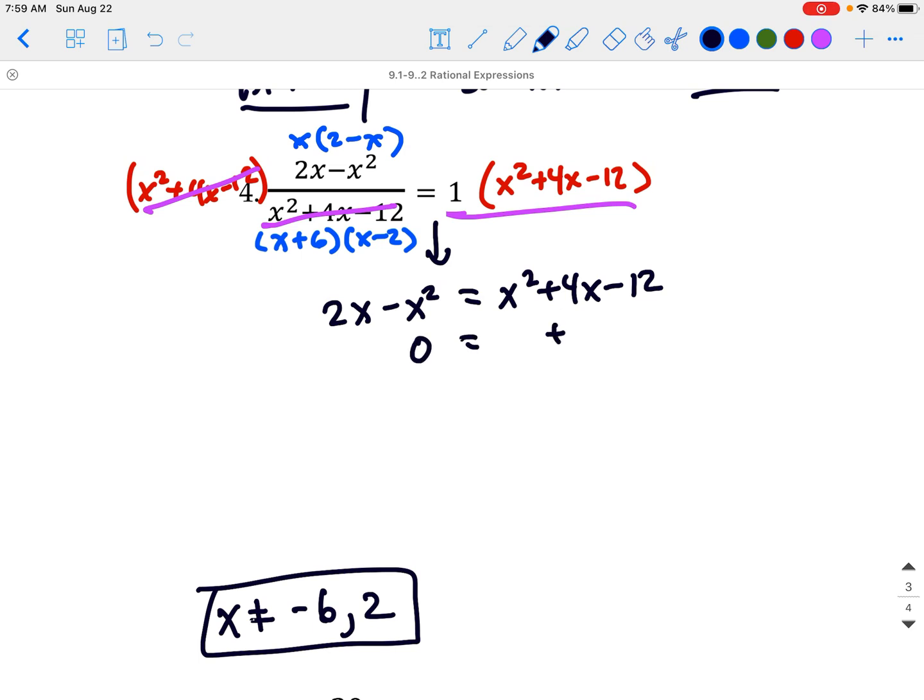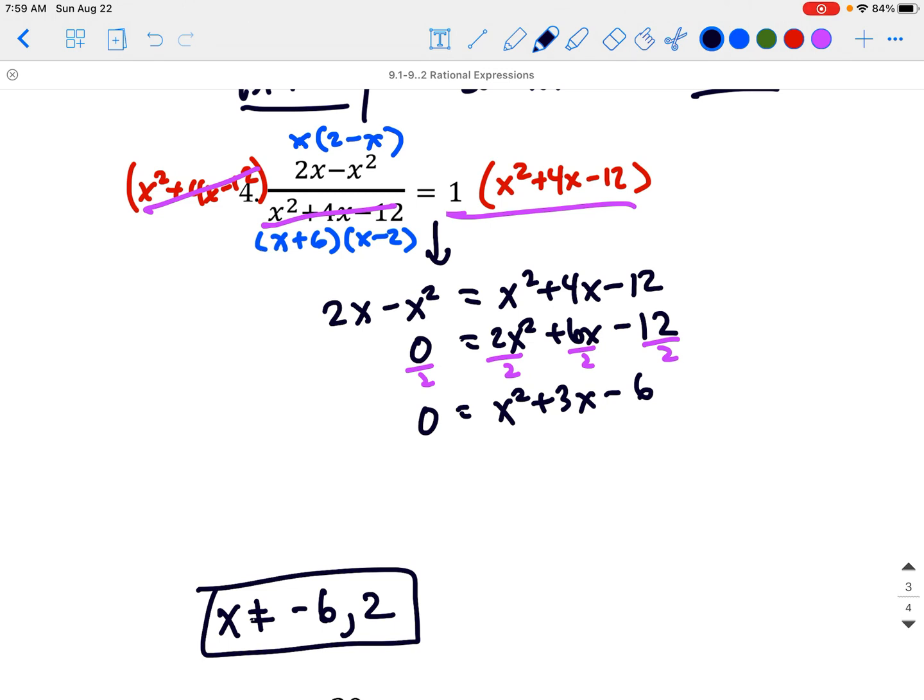So I'll subtract the 2x over, which will give me 6x. And then I'll add the x squared over, which is going to give me 2x squared minus 12. So then we can divide everything by 2. So we'll get x squared plus 3x minus 6.